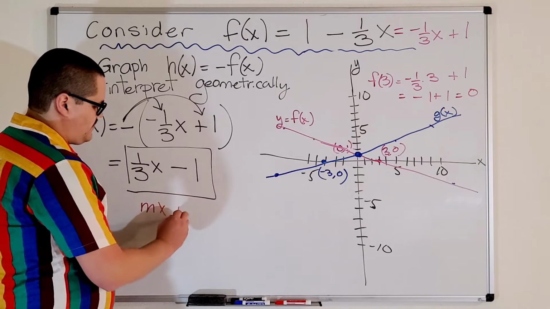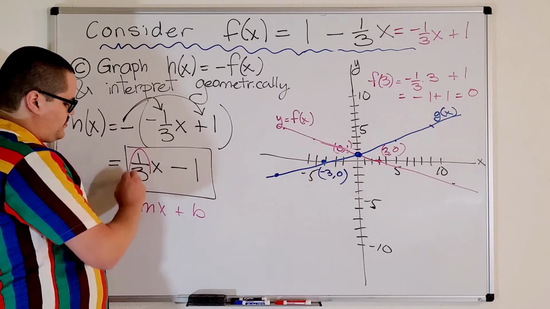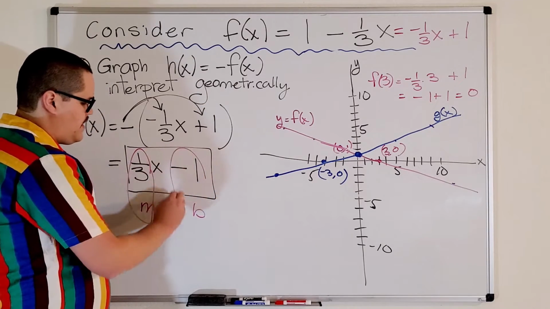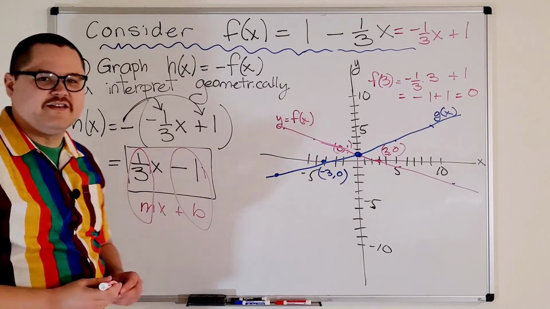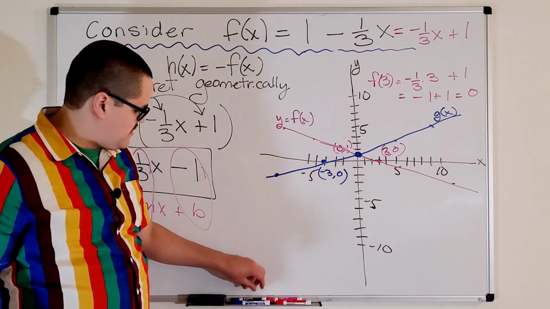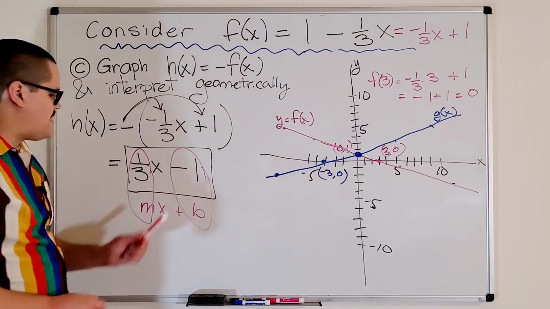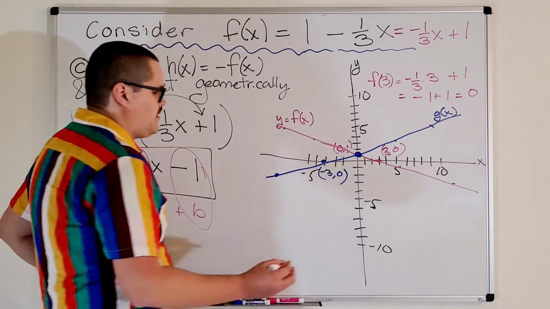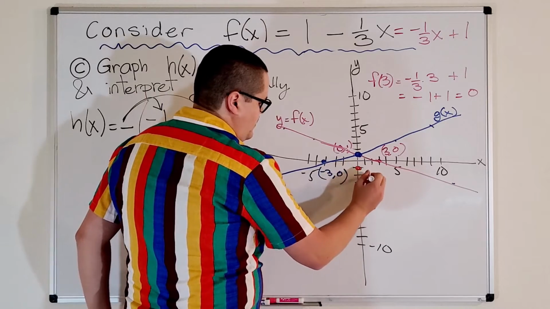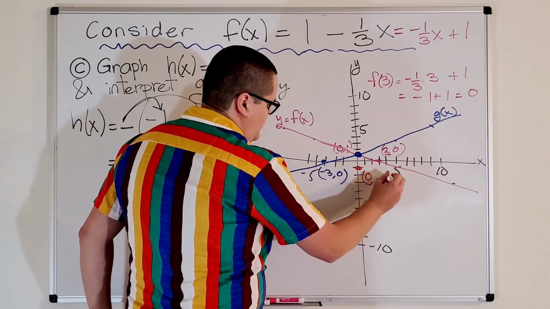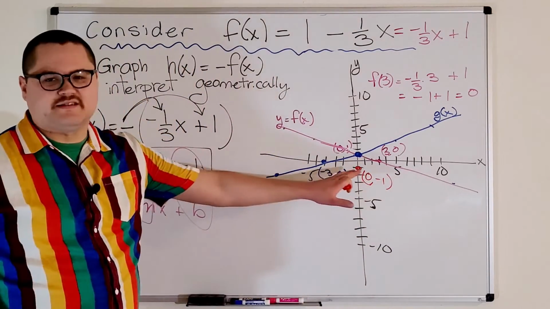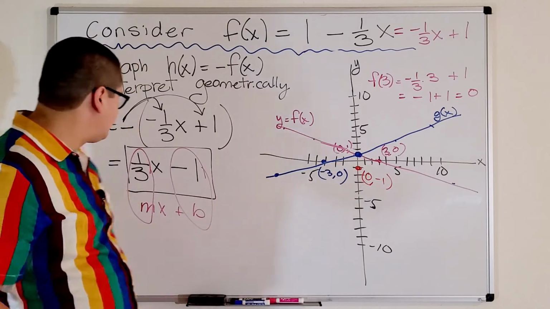So mx plus b, or slope m is 1/3, our y-intercept b is negative 1. All right. Y-intercept is negative 1. Let's graph that. 0, negative 1. So this point is on the graph of h of x.